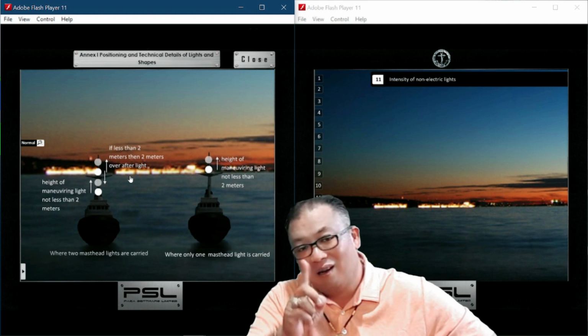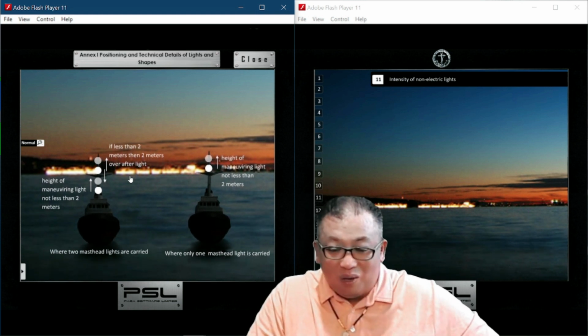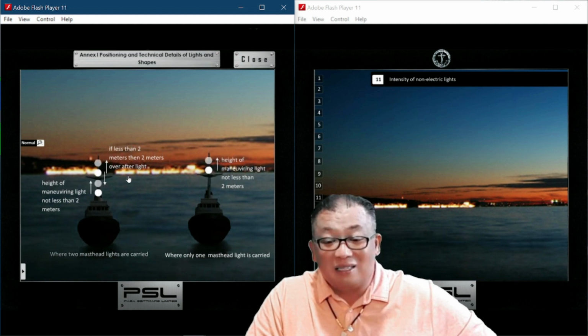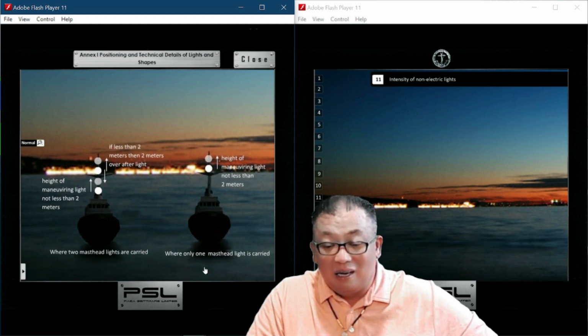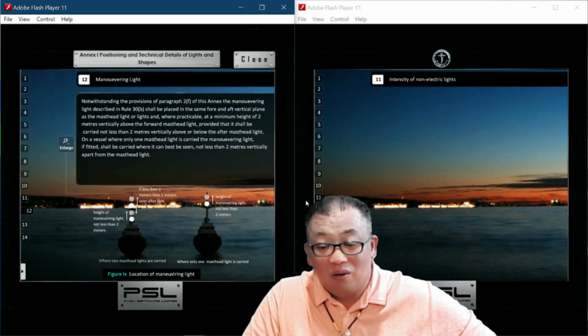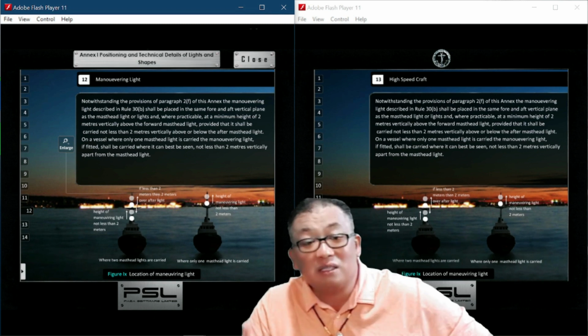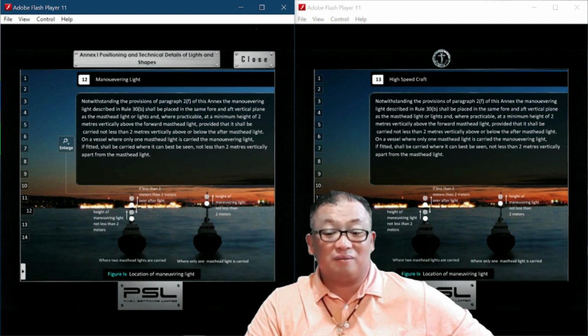Again, not less than 2 meters. This is the maneuvering light where two masthead lights are carried, and where only one masthead light is carried. Very simple.